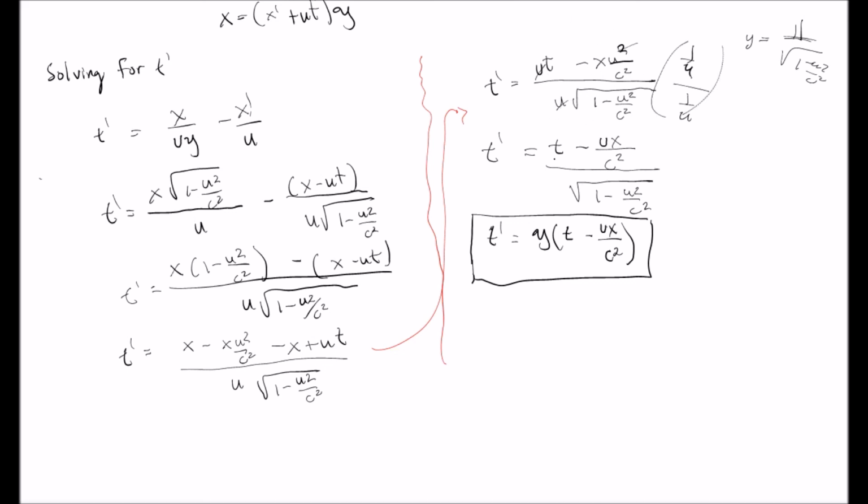We can cancel u, so what is left here is t prime equals t minus ux over c squared all over the square root of 1 minus u squared over c squared. Okay. Since gamma is 1 over the square root of 1 minus u squared over c squared, then this is t prime equals gamma times t minus ux over c squared. Okay, that's for the t prime.